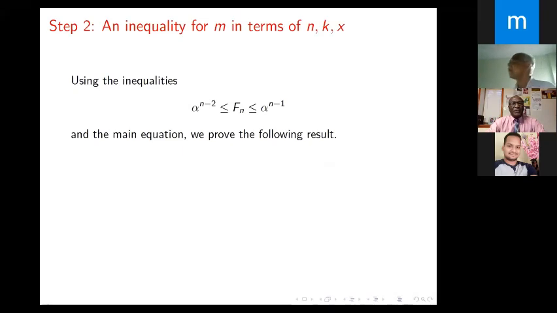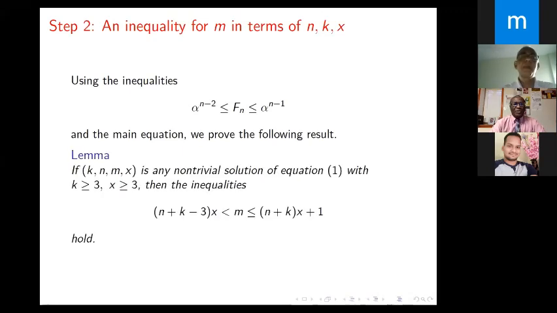If we take a Fibonacci number and we know the root that I gave a few minutes ago, we can prove that a Fibonacci number is between alpha exponent n minus 2 and alpha exponent n minus 1. So this will be important to determine some bound between the parameters k, n, m, and x.